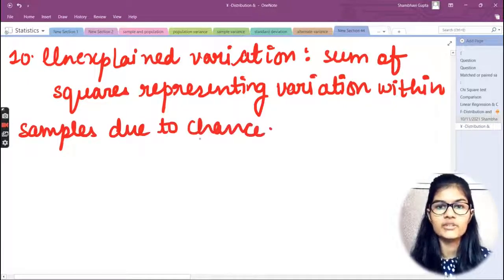So unexplained variation is basically the sum of squares representing variation within the samples due to chance. So what's the value for that? It is SS within.